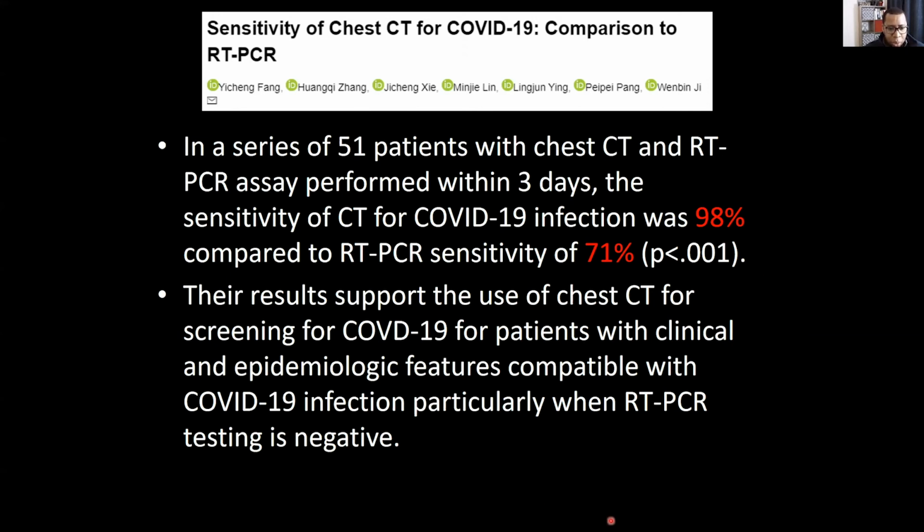So like I said, their results support the use of chest CT for screening for COVID-19 for patients with clinical and epidemiologic features compatible with COVID-19 infection, particularly when PCR test is negative.